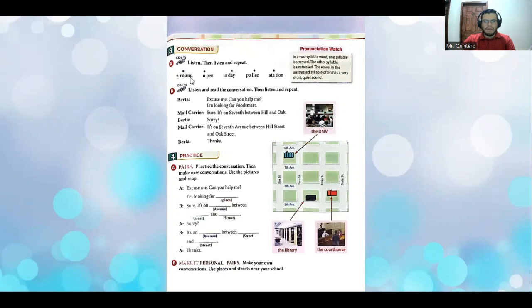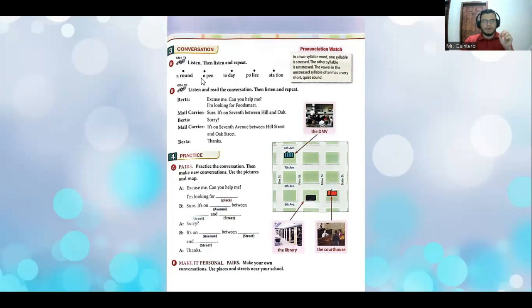Okay, what do we have over there in the bold letters? According to them, they are stress syllables. What are the stress syllables? The syllables that sound stronger or louder. Es lo que nosotros le llamamos sílaba tónica en español, que suena más fuerte.